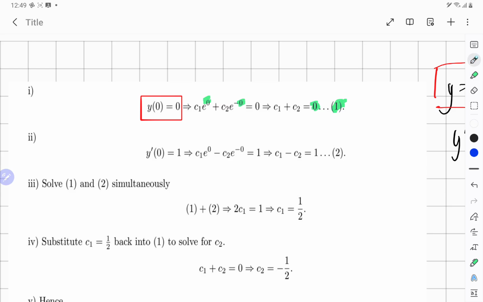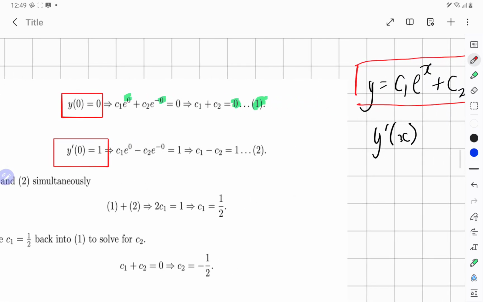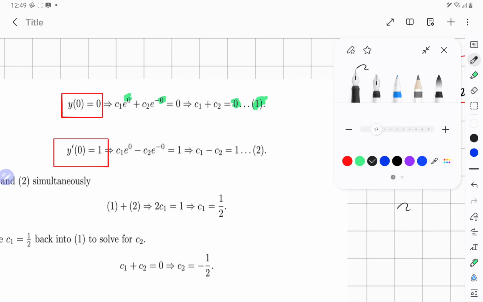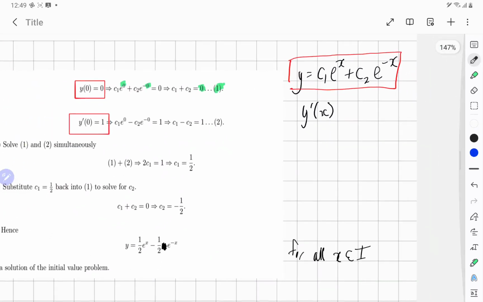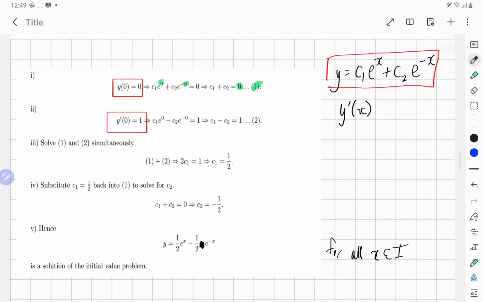Now look what else is given. Secondly, it's given that the derivative at 0 is 1. Also a common mistake: students will first substitute 0 and then do the derivative. No, from first year, you know that we need to do the derivative first, which will be c1 e to the x, and then the derivative of e to the negative x, negative c2 e to the negative x.